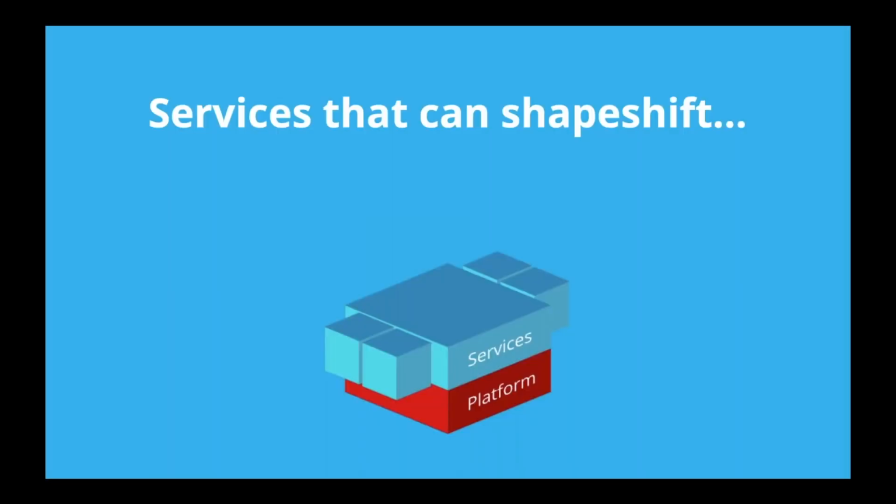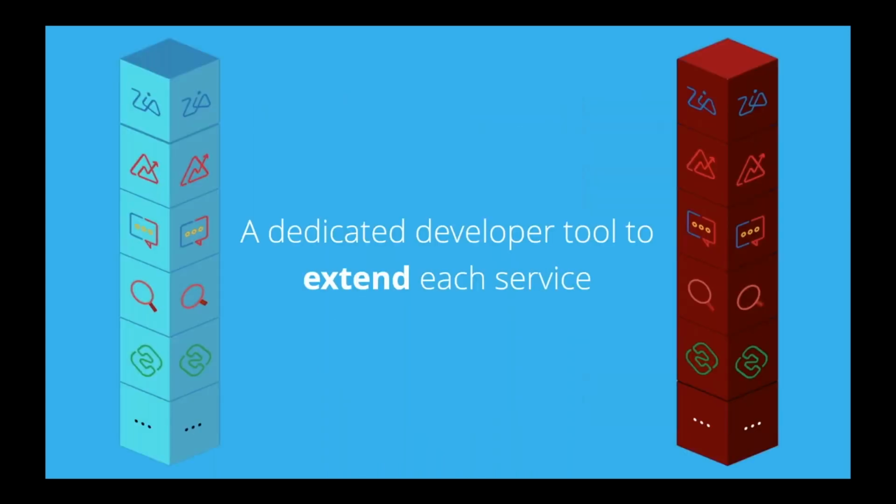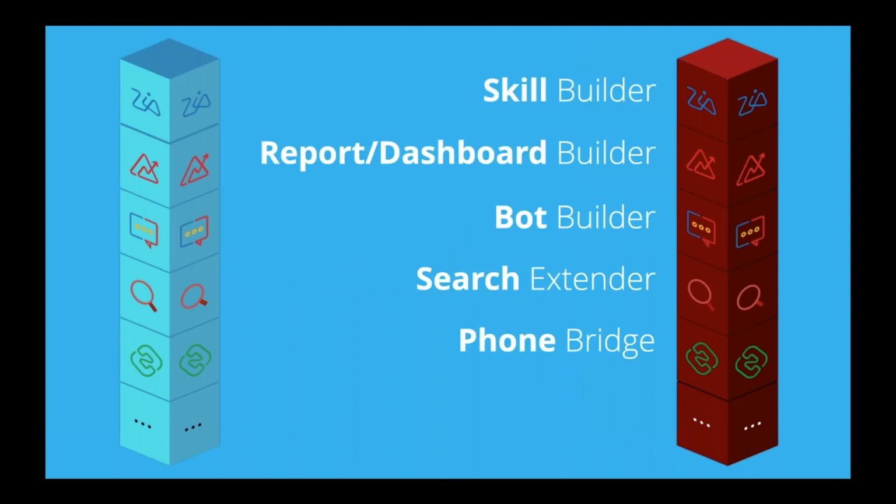Okay, so now let's take a look at some of those services and how those can also shapeshift to fit your business. Each of our core services that's a part of Zoho One also has a developer tool, which allows you to take it and do something more than just what it does out of the box.